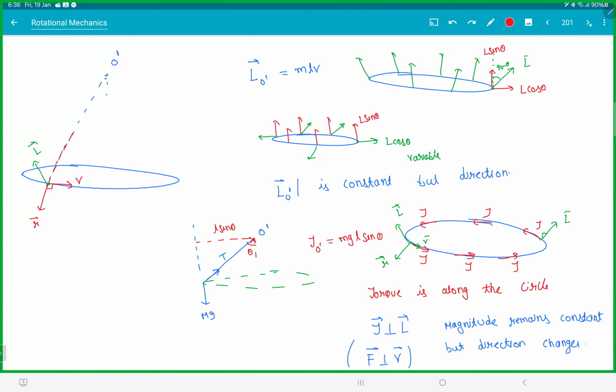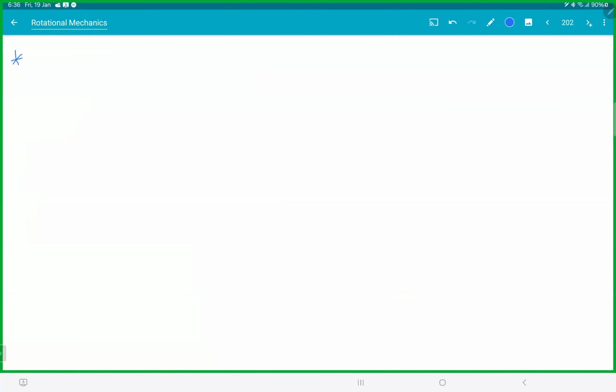All clear? Now, how will the question be framed? See, this is how they'll ask. They will say, for a system, if torque is given by A bar cross L bar, where A bar is a constant vector.